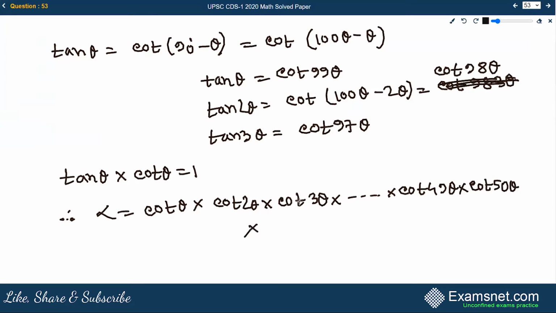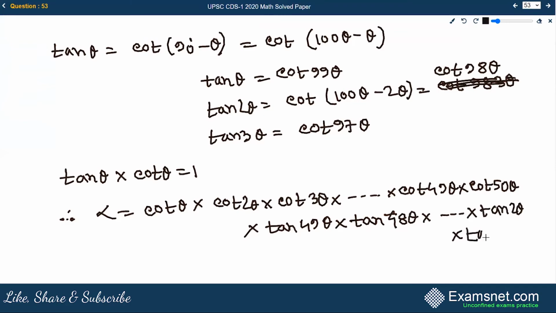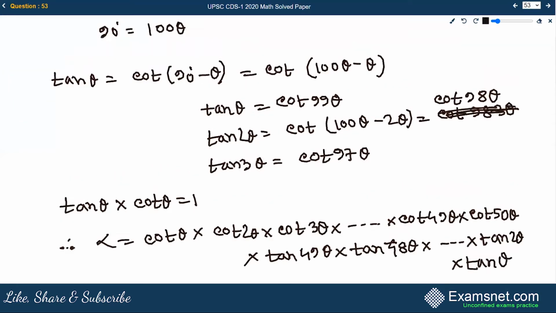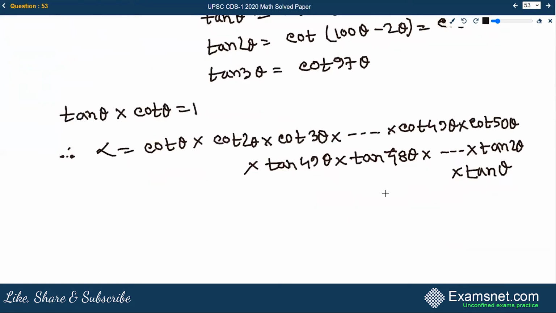Next, starting from cot 51 theta, we can write tan 49 theta; cot 52 theta, we can write tan 48 theta; and we can continue up to tan 2 theta multiplied by tan theta, in terms of cot 99 theta.